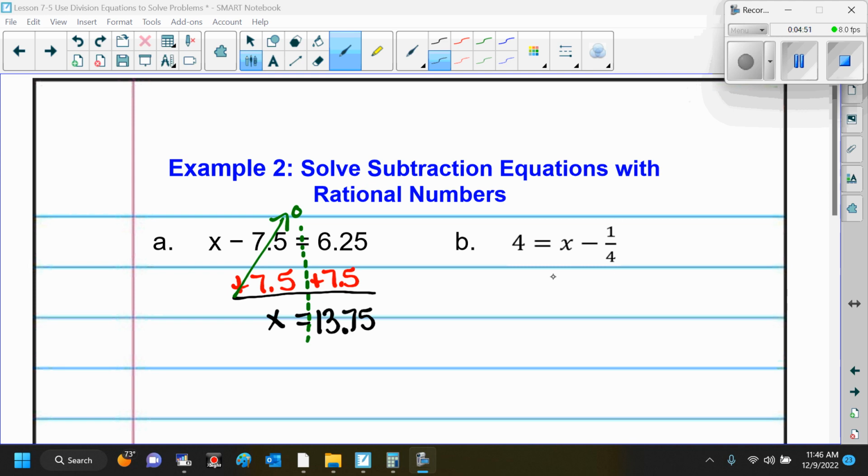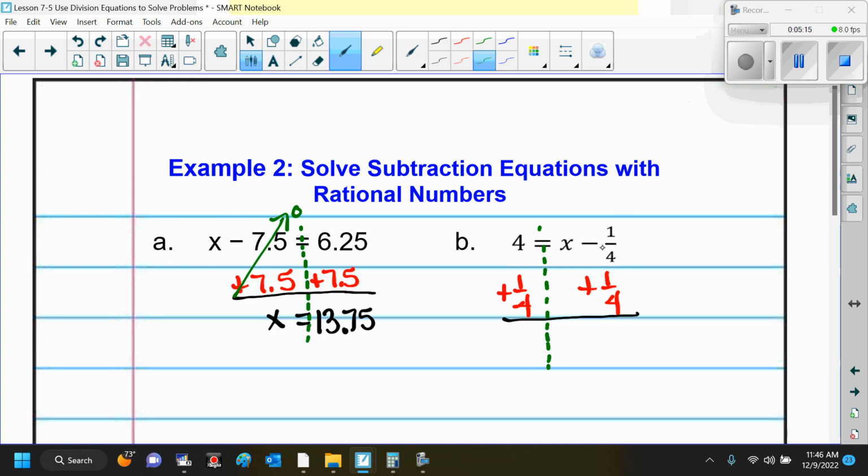All right. So now here we have 4 is equal to x minus 1/4. In order to get that x by itself, what do I need to get rid of? The 1/4. So because that says minus 1/4, we're going to add 1/4. Very good. So we're going to add 1/4 on both sides. So here's the balance, there's the equal sign.